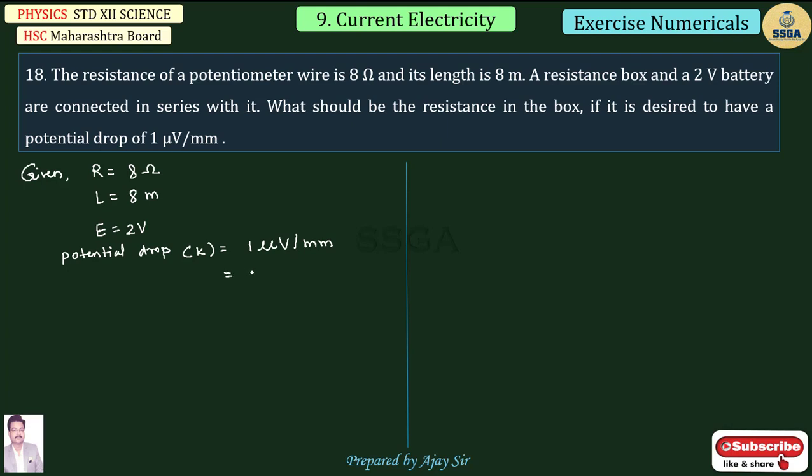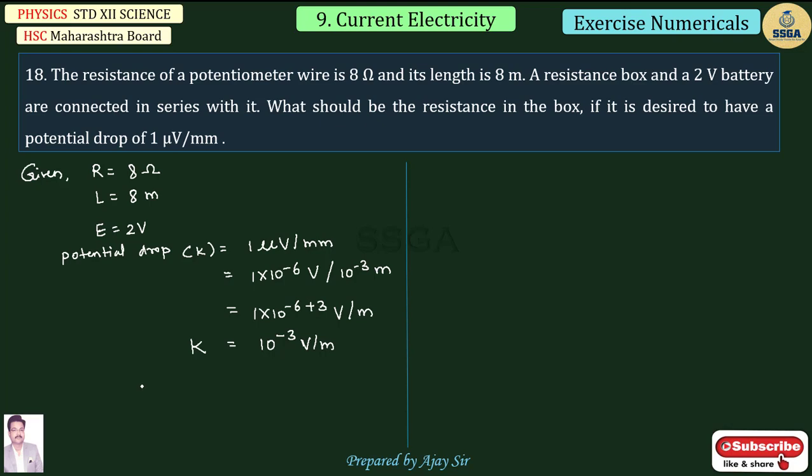So 1 microvolt means 1 into 10 raised to minus 6 volt, per millimeter means 10 raised to minus 3 meter. So this 3 will go up, and minus 3 becomes plus 3. Therefore 1 into 10 raised to minus 6 plus 3 volt per meter, that is 10 raised to minus 3 volt per meter.